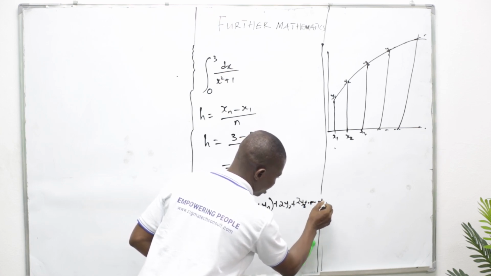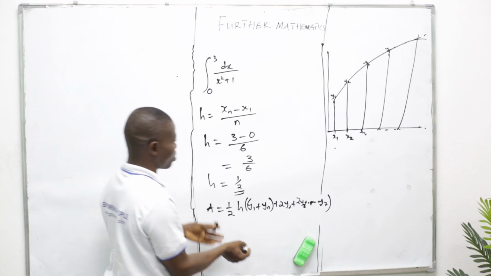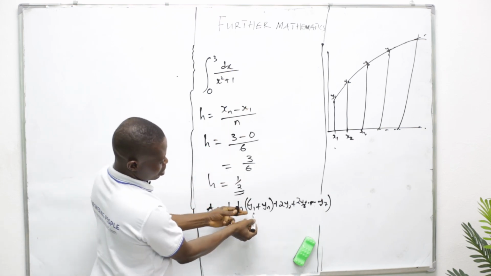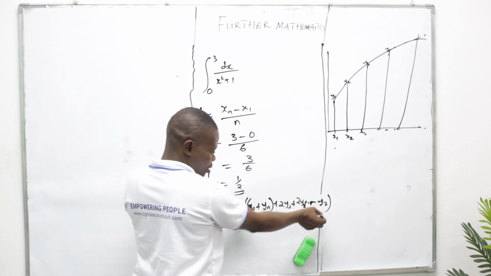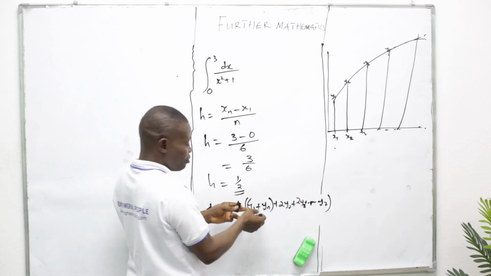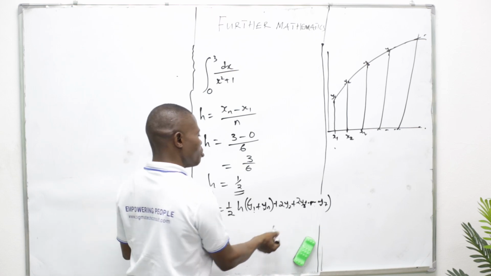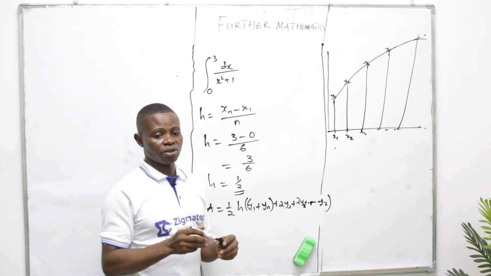That's why when we started, you did not see any 2 there. The last one you are not multiplying by 2, the first one you are not multiplying by 2, but in between you are multiplying by 2.